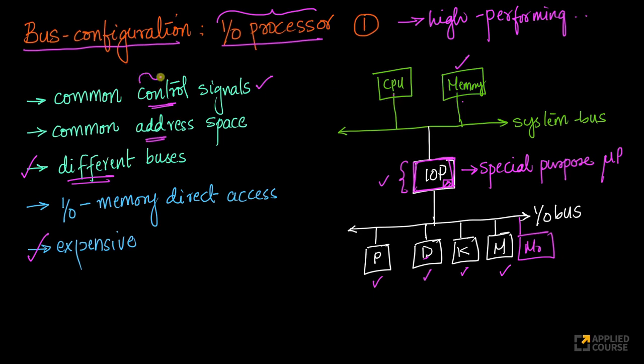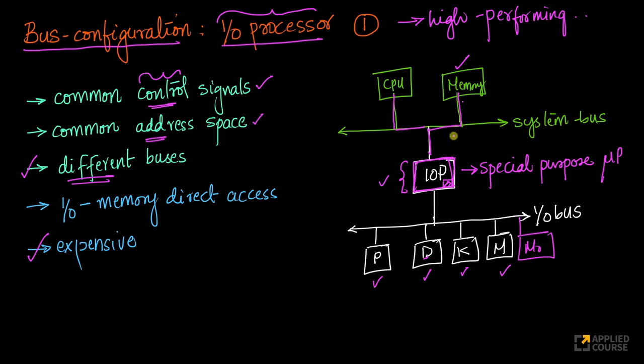The control signals are common for both memory and IO. If I want to read, the same read signal is connected to the IO side and to the memory. Now the read signal is not sent directly to the devices. It is sent to the IO processor, right? So the control signals are common in this configuration.